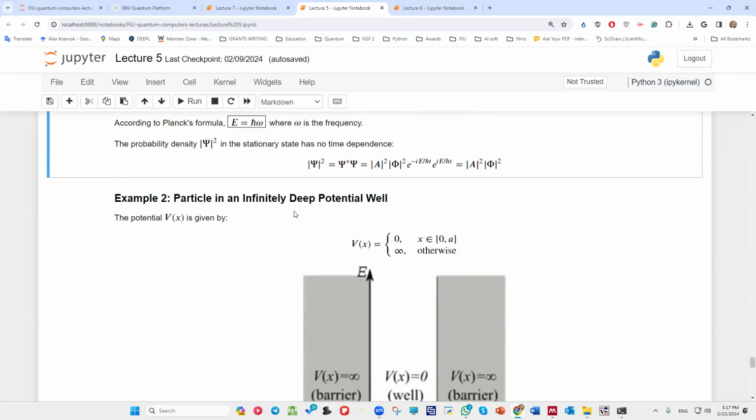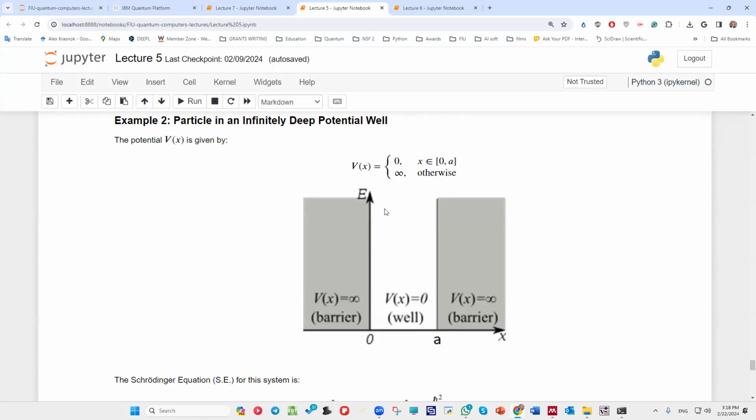And as an example of the stationary Schrödinger equation, particularly simple to solve and at the same time quite important, is the case of a particle in an infinitely deep potential well. So we assume that we have an energy potential distribution like this.